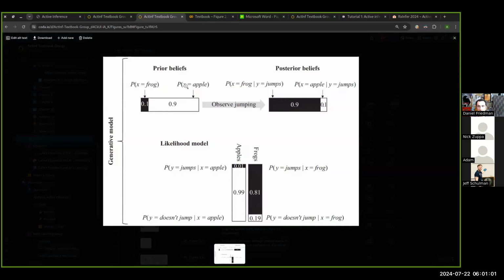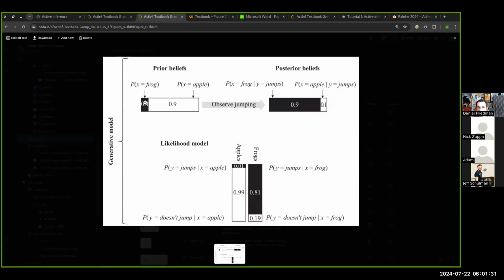There are beliefs about frogs and apples, like how prevalent they are in the world. That's the prior beliefs about hidden states. Then there's a likelihood model, which is like the A matrix. That is a belief about a mapping about jumping and not jumping and how they're related to frogs and apples. So it's kind of a 2x2 shown here with these two bars. Apples jump 1% of the time. Frogs jump 81% of the time.